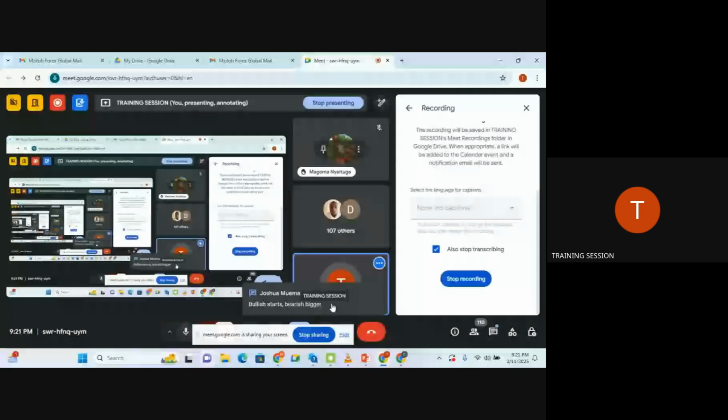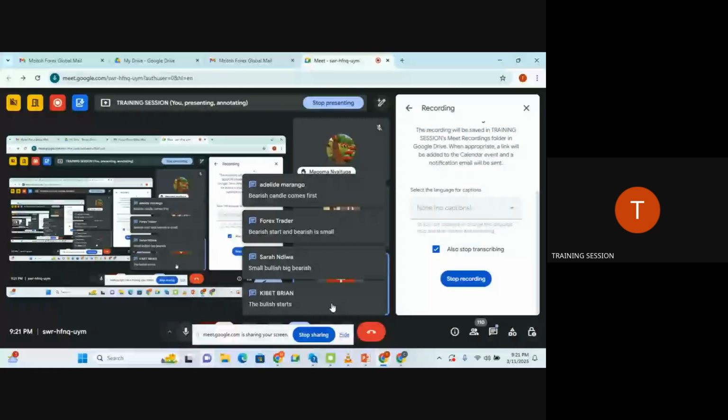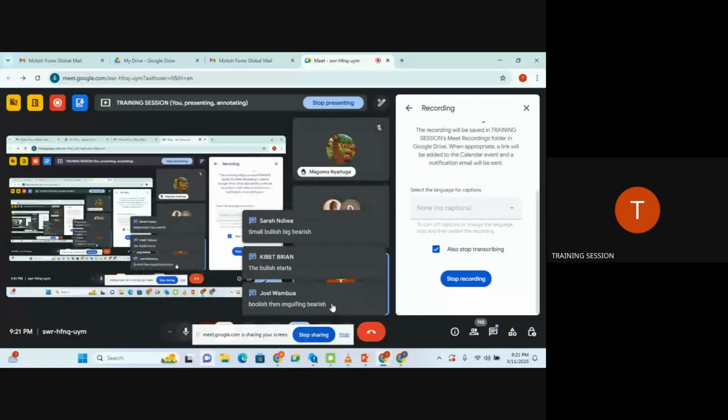Bullish starts, bearish bigger. Correct, Joshua. Let's use right and left. Bullish comes first, because when you say first, maybe the one on the right is your first.